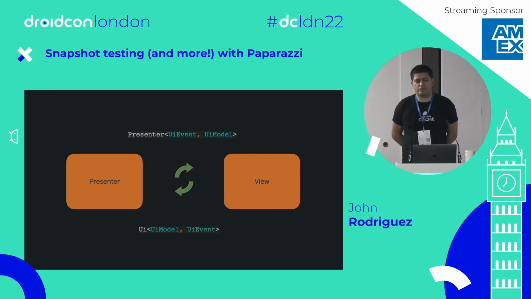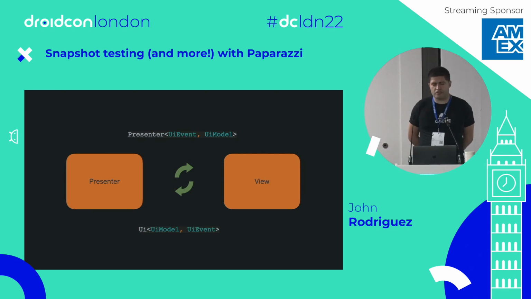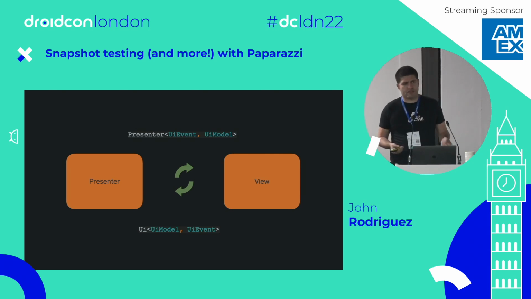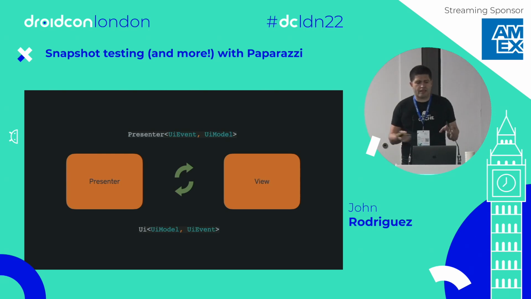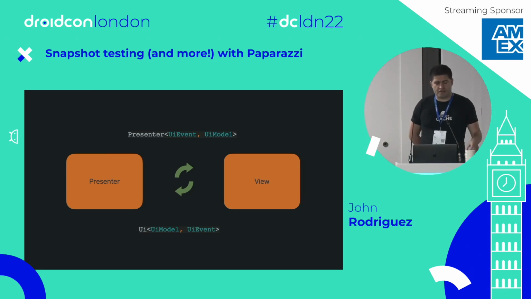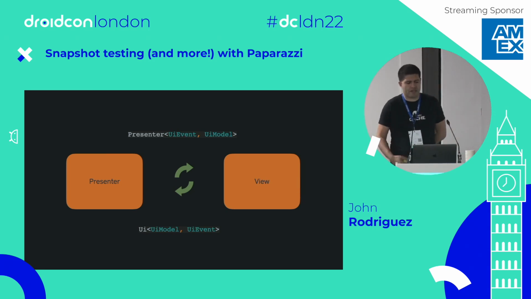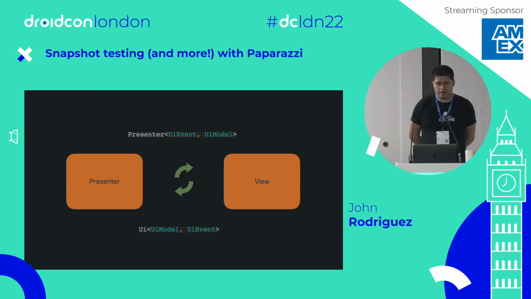What it essentially does is it's a combination of Dagger multibindings and the idea that when you're in a certain module, given a POJO representing what screen you are on with arguments, there will be a presenter factory and a view factory, which will respectively find the presenter and view that map for that POJO. And then the multibinding will associate them with each other in a cyclic fashion such that user interactions are represented as UI events, and the resulting models or side effects are represented by UI models.